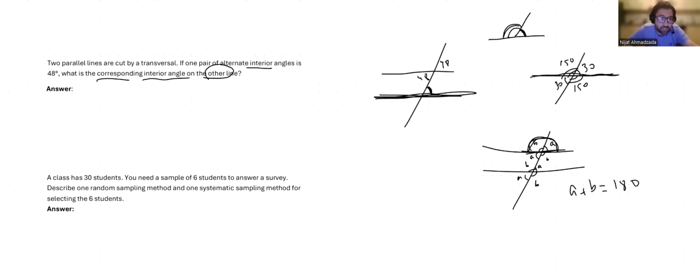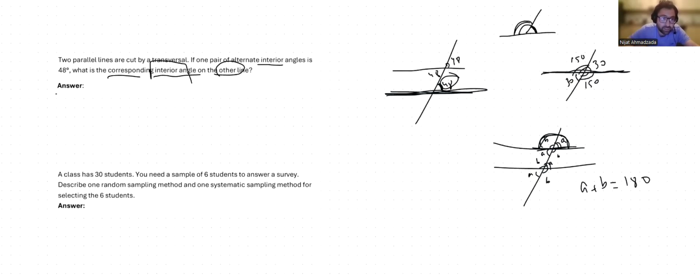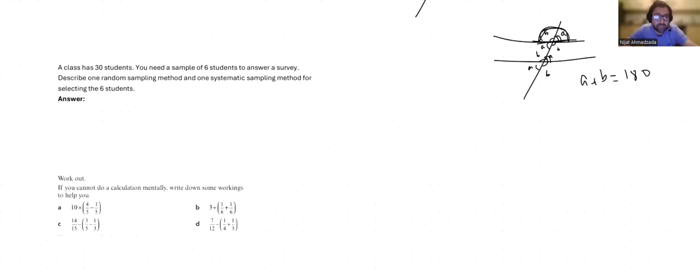So what is the corresponding interior angle, the corresponding smaller angle here? We said that A is 48, so 48, okay? We have to write the answer to this part because it says answer, right? The answer will be 48, okay? That's it.